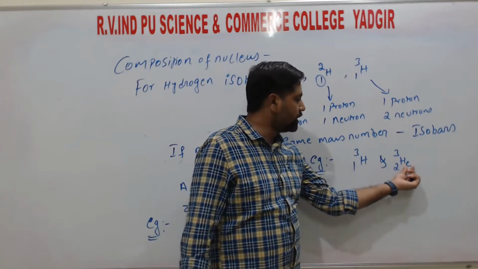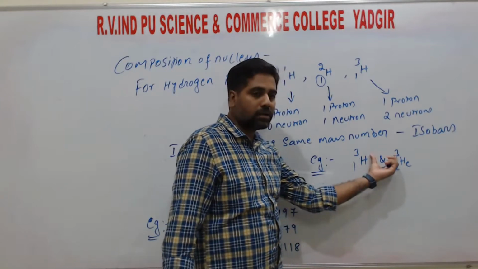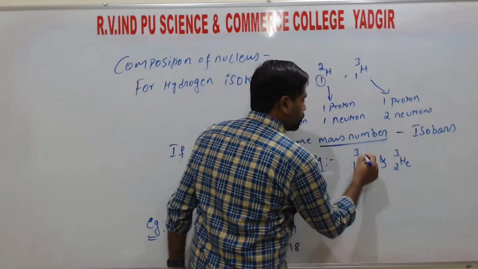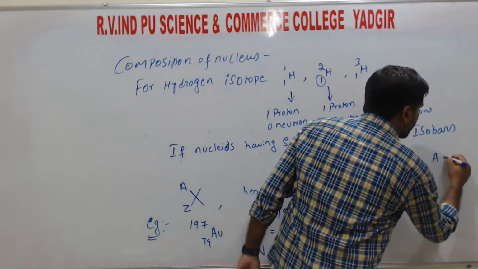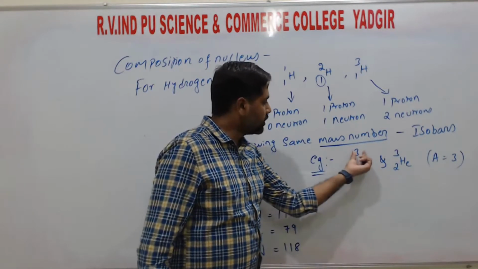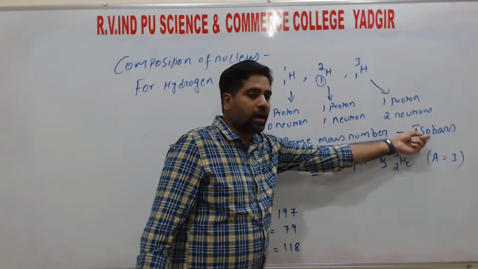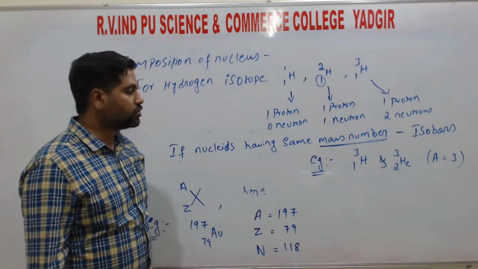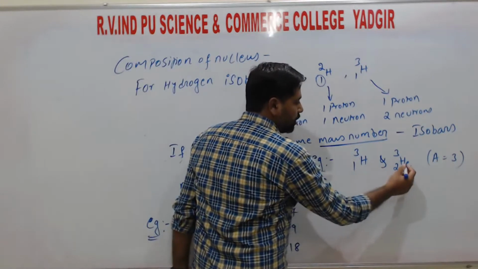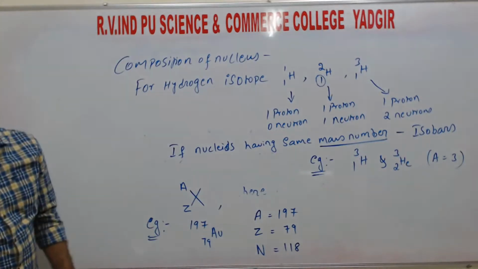Two different elements, two different nuclei, having the same mass number, that means the same A value. So 3 represents what? A. A is equal to 3. These two elements having the same mass number, we call these two nuclides isobars, right? So understand this one. Here two different nuclei are important. Next, we have one more similar.